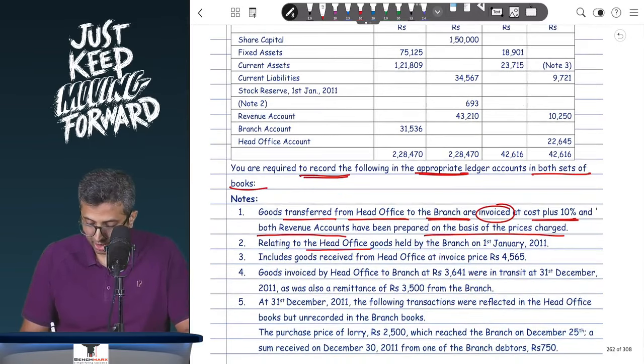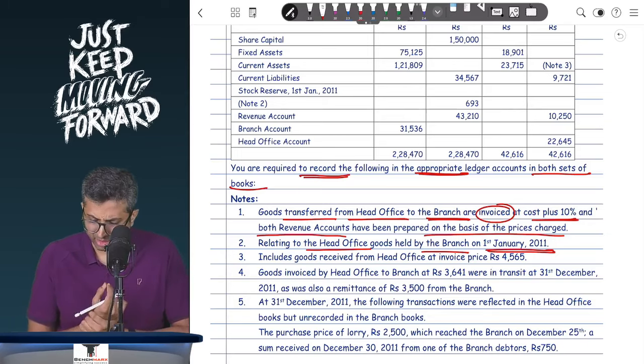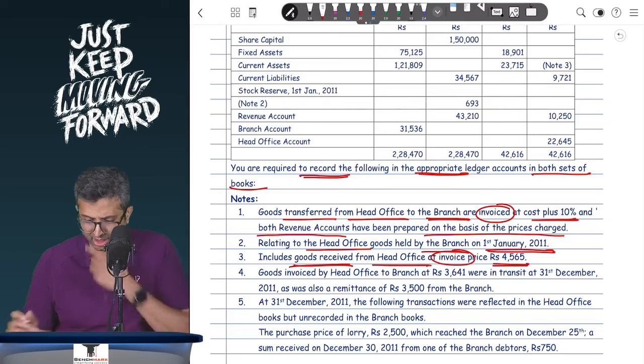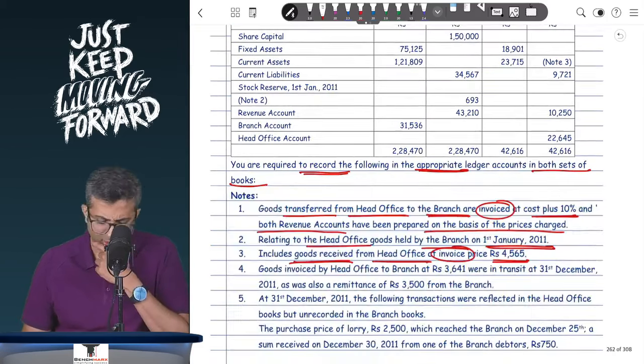Relating to head office, goods sent by branch on 1st January 11 include goods received from head office at invoice price of 4565. Maybe 1st January 11 will be starting.